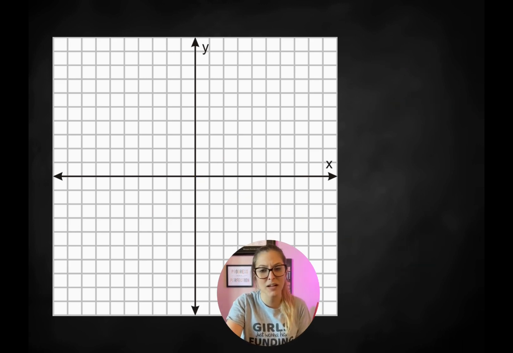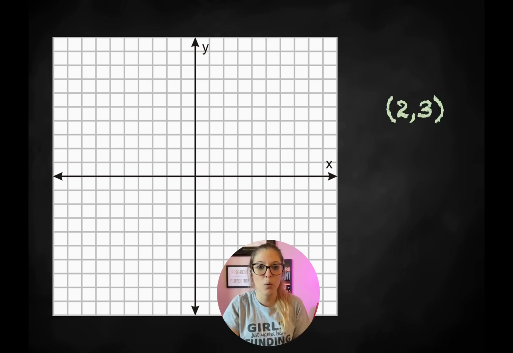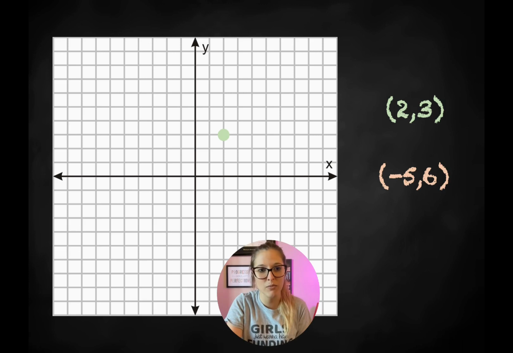So let's do a couple of examples here. First, the point (2, 3) has 2 as an abscissa and 3 as an ordinate. I would move to the right 2 on the x-axis and then up 3 on the y-axis to plot my point. (-5, 6), I would move to the left 5 on my x-axis and then up 6 on my y-axis and then plot my point.